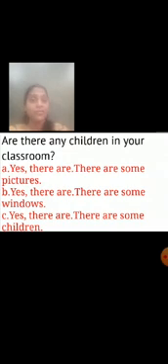Are there any children in your classroom? Option A. Yes, there are. There are some pictures. Option B. Yes, there are. There are some windows. Option C. Yes, there are.